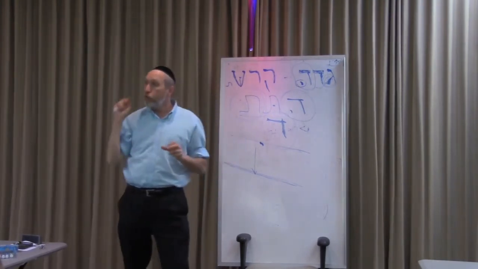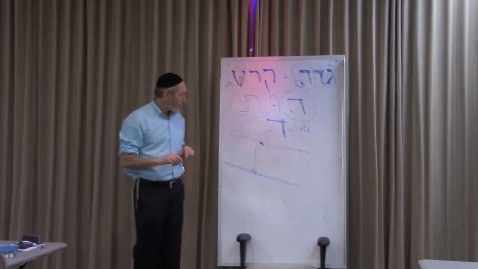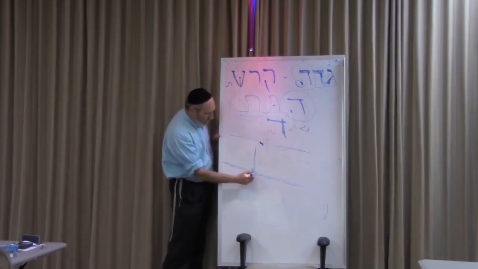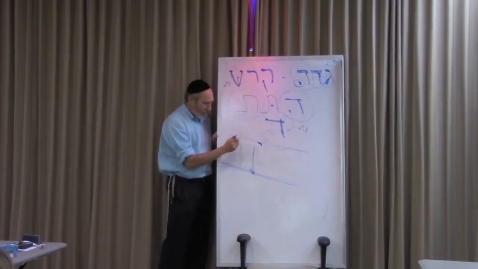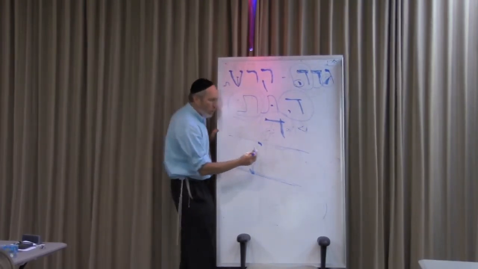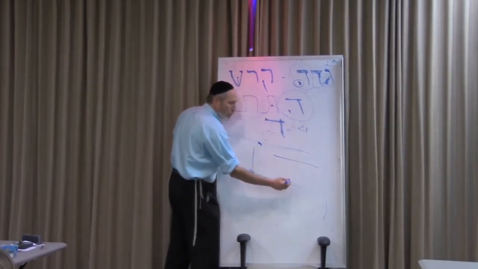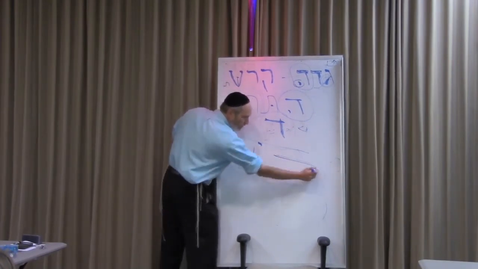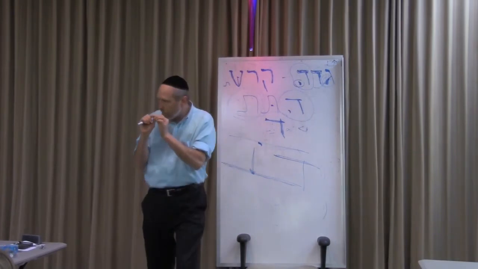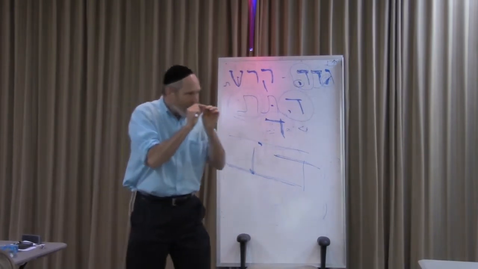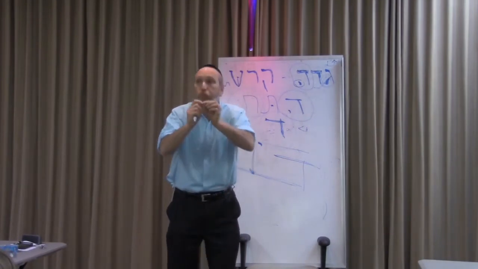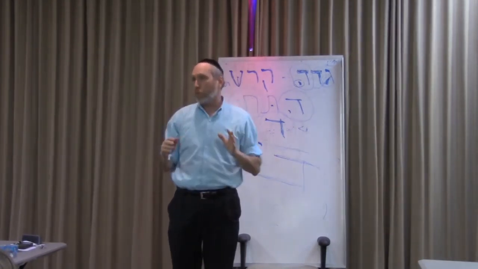Besides the fact that it floats up here, the Yud is really considered a dot. Every other letter, for example a daled, you have to go vertical, you have to go horizontal, you have to go vertical. Understand, this is a philosophical point: you have to take something from an idea and bring it out, express it in the world.